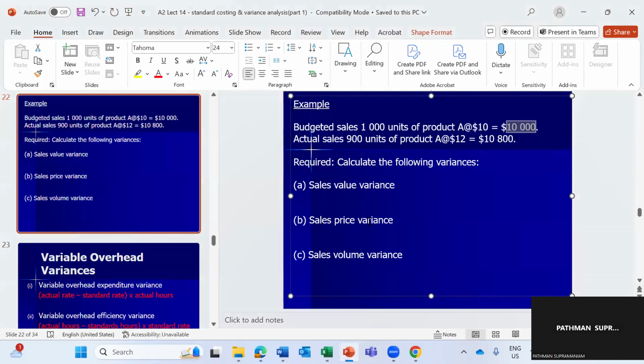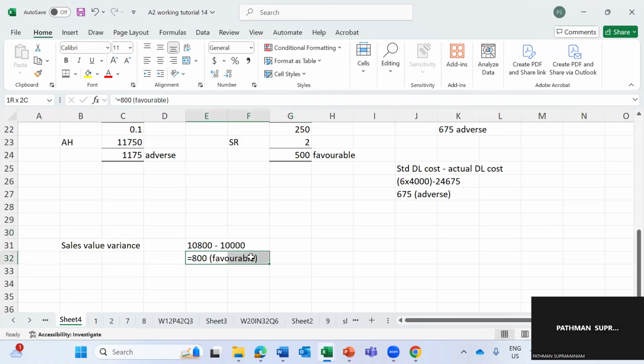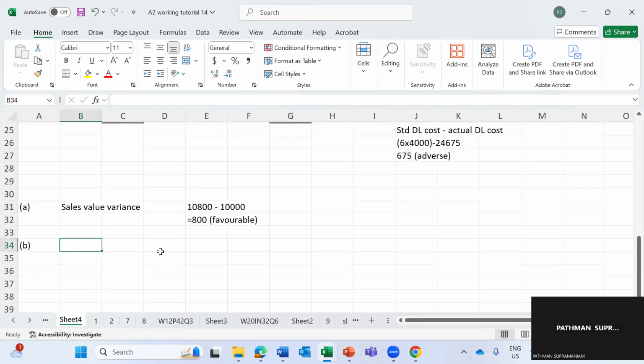Okay, now we're going to calculate B and C. When we combine B and C, we should get back this answer, 800 favorable, if you have done it correctly. When you combine the sub-variances, you will get back the main variance in any variance that you calculate.